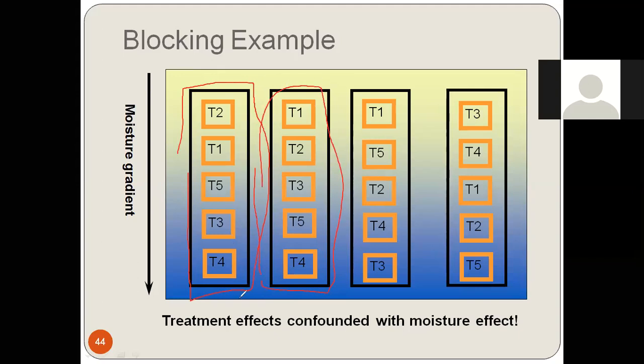Can you tell me whether this way of blocking is correct or wrong? Tell me whether these units are homogeneous in terms of moisture. No. For example, there is a moisture gradient. So this way of blocking is not a good thing. Why?